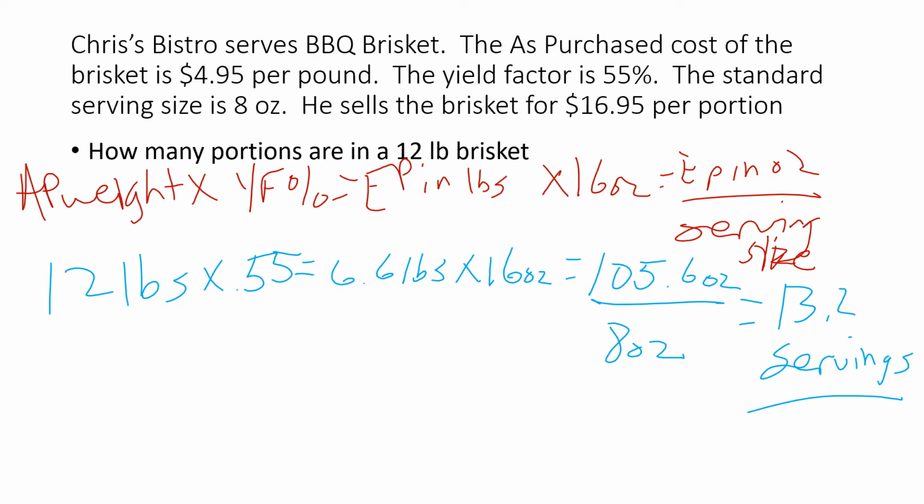When we go on to the next one, we can keep it at 13.2 or we can go down to 13. If it's 13.9, can we make it 14? No. That's 0.1 off of a whole serving. I can't create brisket out of nothing. So in this case, we cannot round up to the nearest whole number. So 13.2 servings is what we get. We all agree on that? Let's move on to the next one.